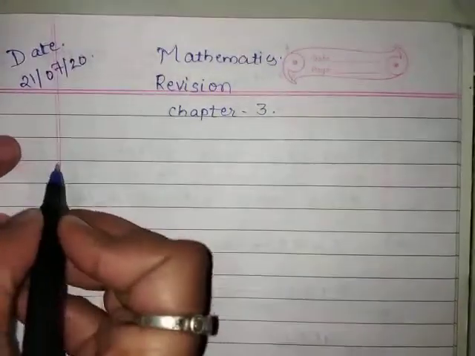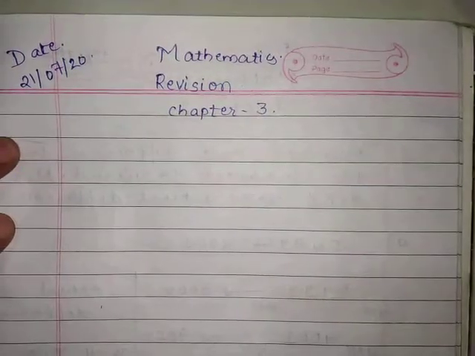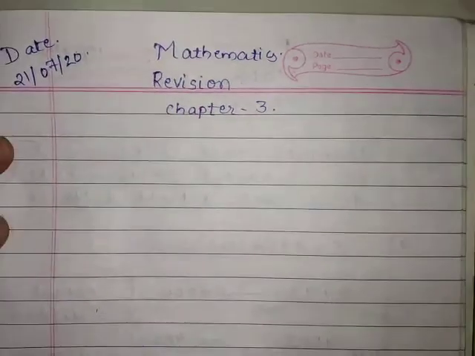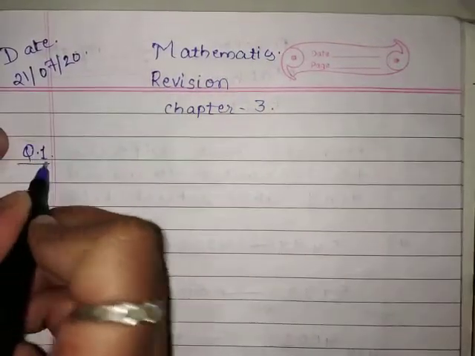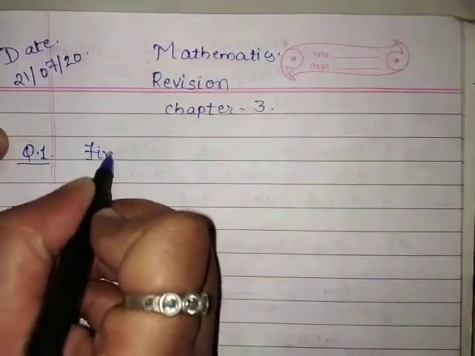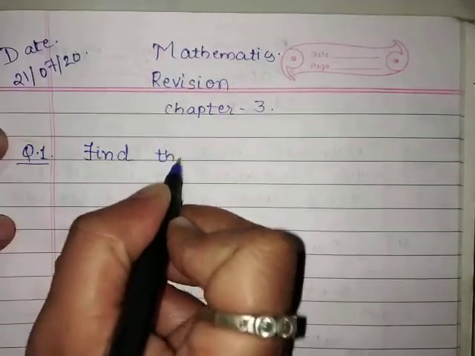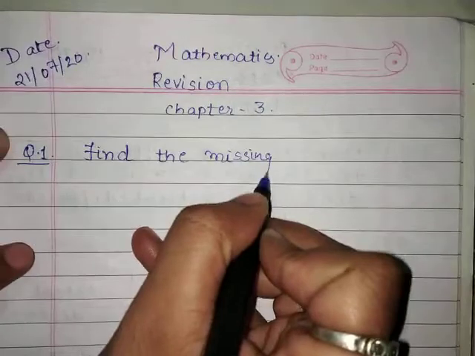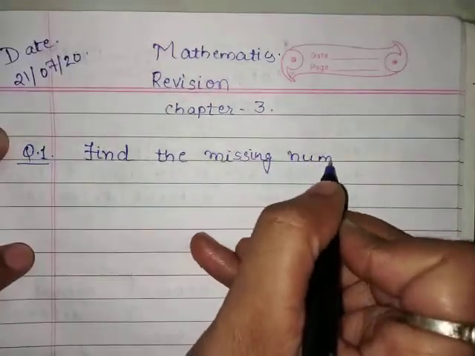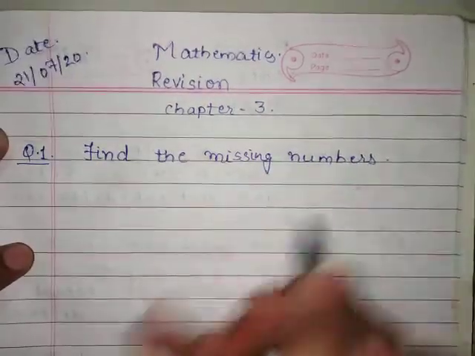As I have told you, we have to do the revision of find the missing number. So question number first for today is find the missing numbers, but in this we have to find the missing numbers in subtraction.